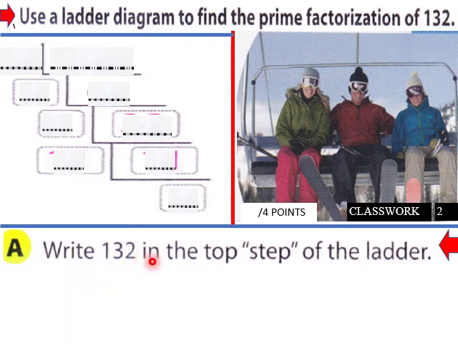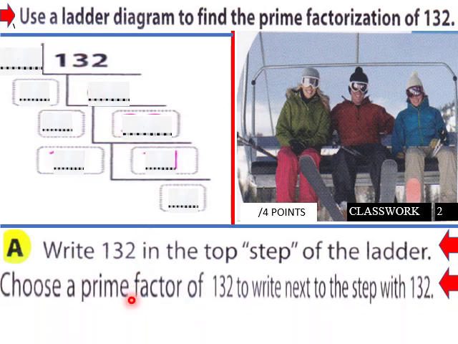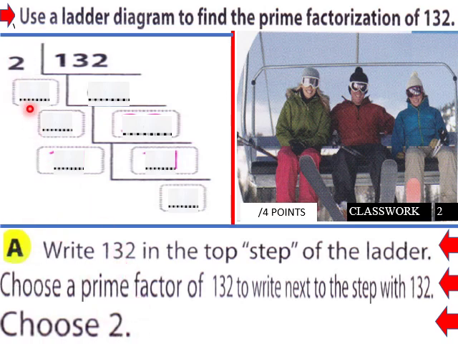So write 132 in the top step of the ladder, which would be here. And then choose a prime factor of 132 to write next to the step with 132. What would be a prime factor of 132? Choose 2. So we're going to put 2 here.